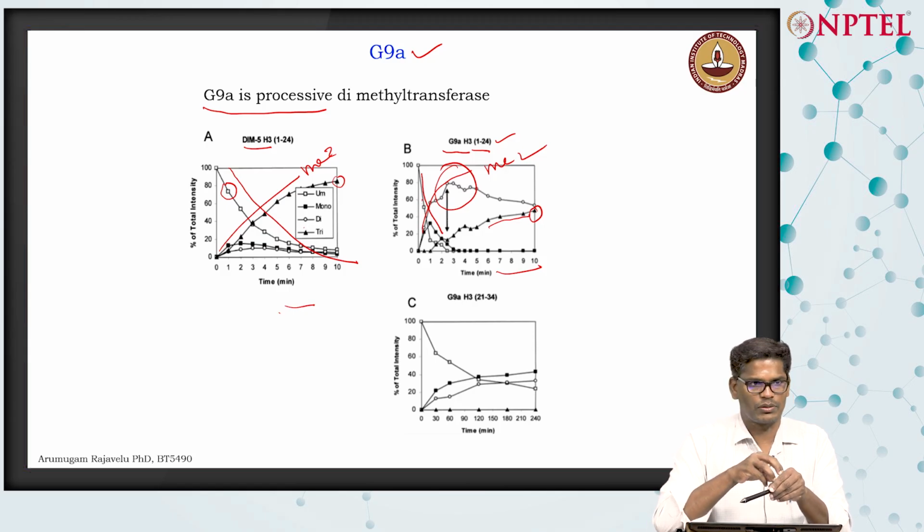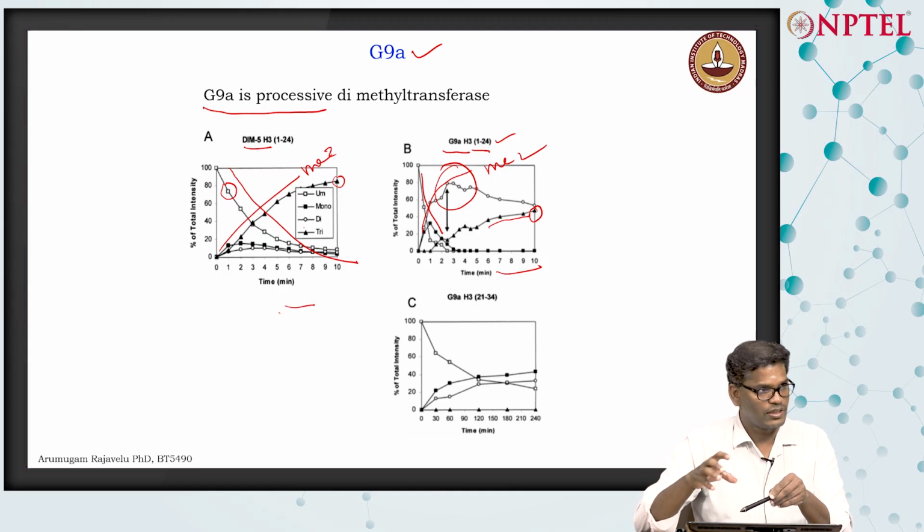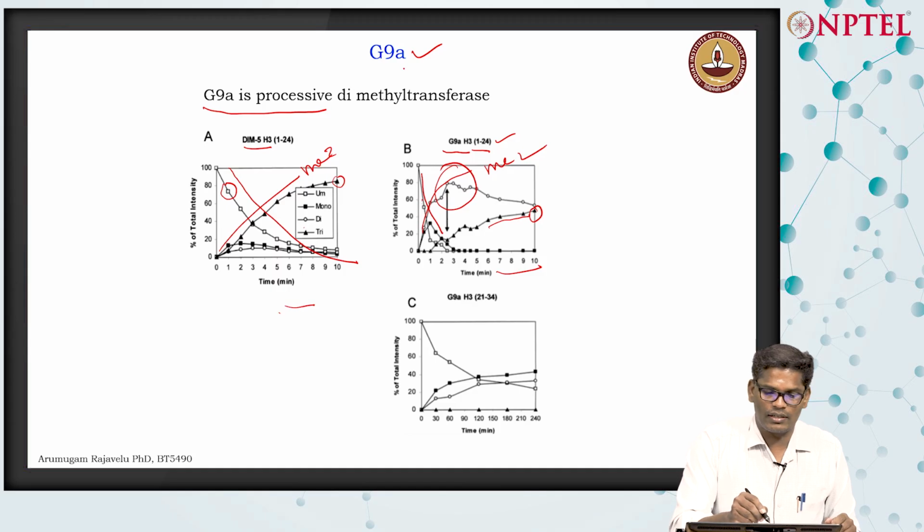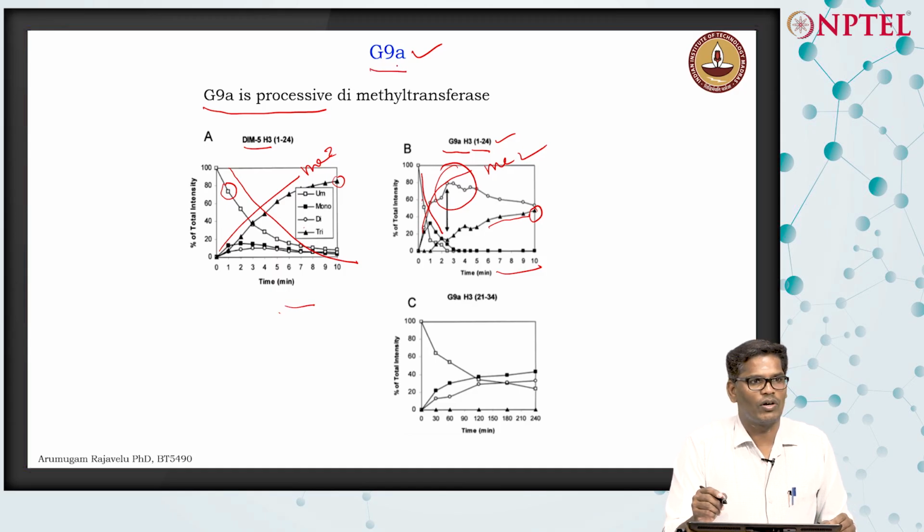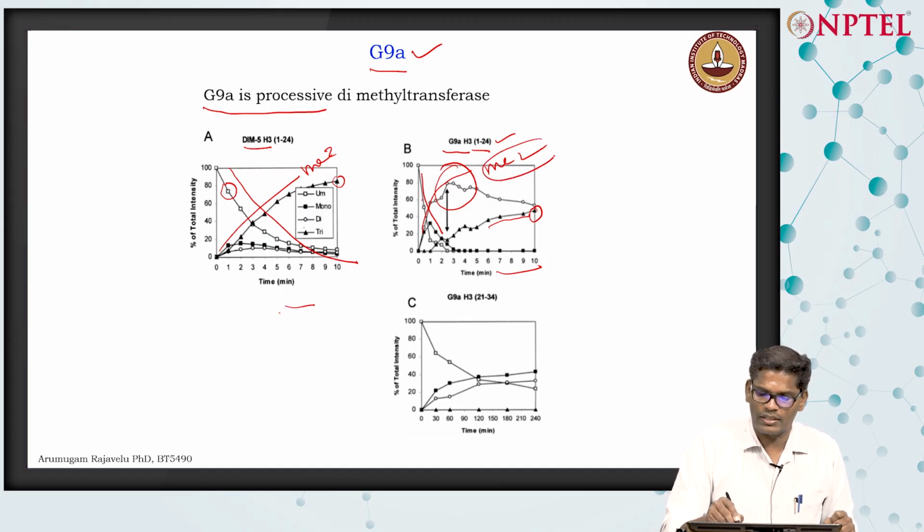Monomethylation needs space to accommodate dimethylation, and dimethylation becomes the substrate to convert to trimethylation, so pocket plasticity is very important. Here the pocket evolved to accommodate only two methyl groups. That was the mechanism explained by structural studies. Yes, this enzyme can introduce maximum only dimethylation.